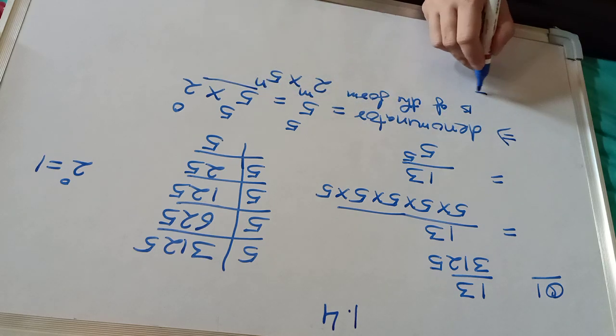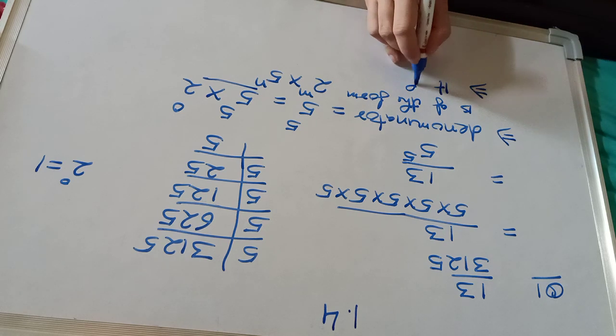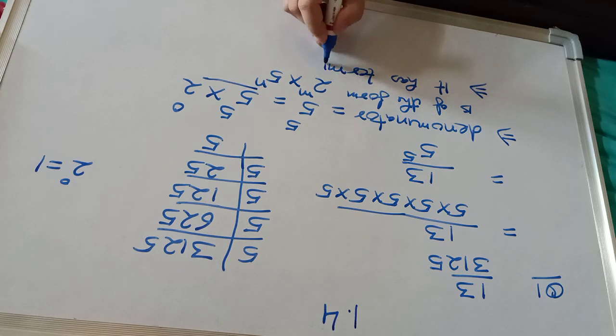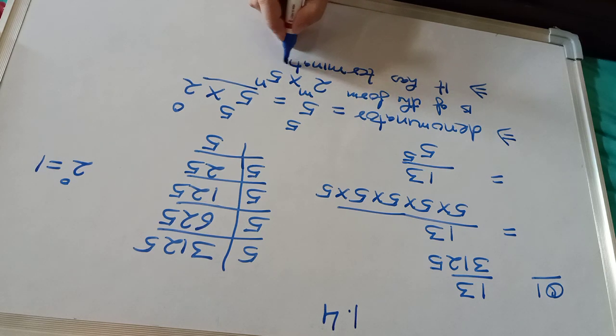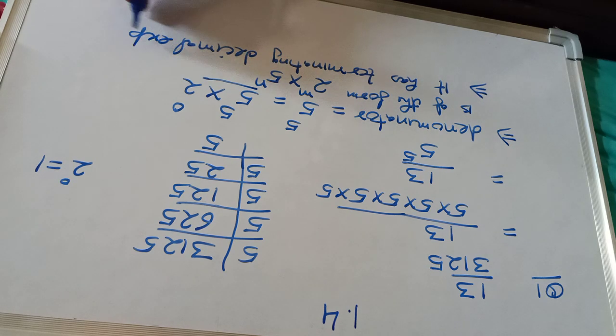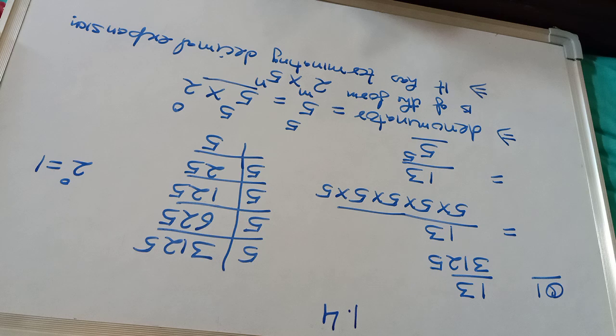It implies, what about its decimal expansion? It has terminating decimal expansion, as the denominator is only of the form 5 raised to power 5, which can be written as 2 raised to power 0 into 5 raised to power 5.